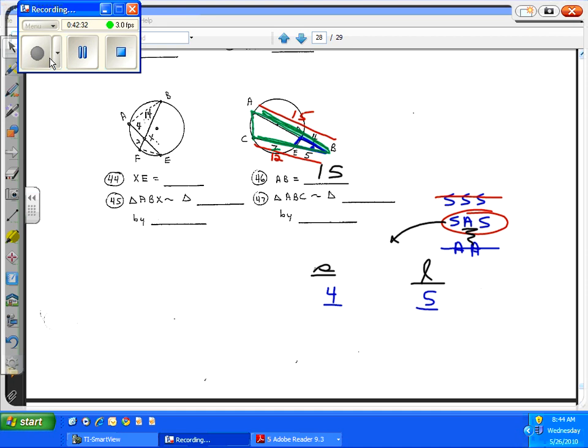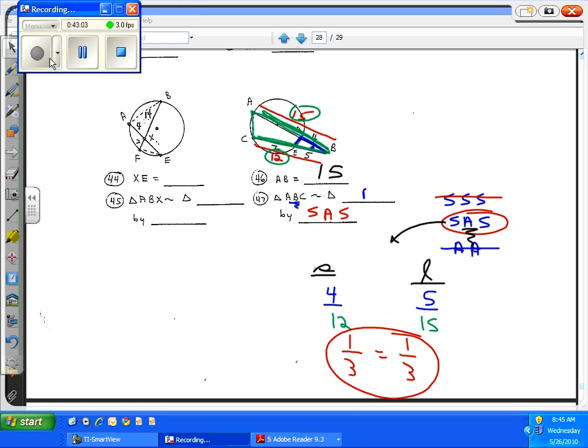Small 12, large 15. We have an angle of one triangle equal to an angle of another. The sides that form those angles both reduce to a third. They are in proportion. So we can say that these triangles are similar by side angle side similarity.